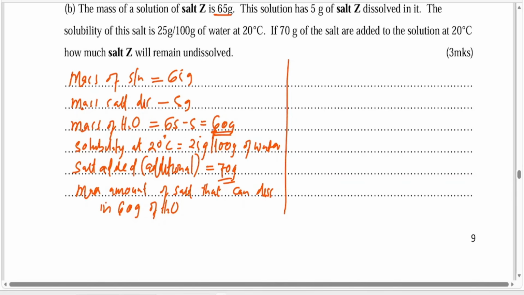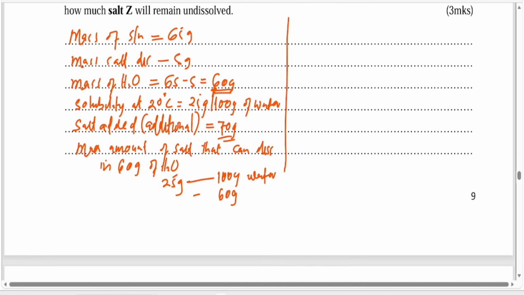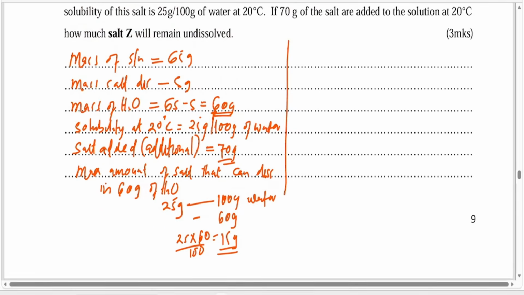We ask ourselves, if 25 grams of salt can dissolve in 100 grams of water, what about water being 60 grams? It shall be 25 multiplied by 60 divided by 100, and when you work it out, we get 15. Only 15 grams are supposed to dissolve in the 60 grams of water.